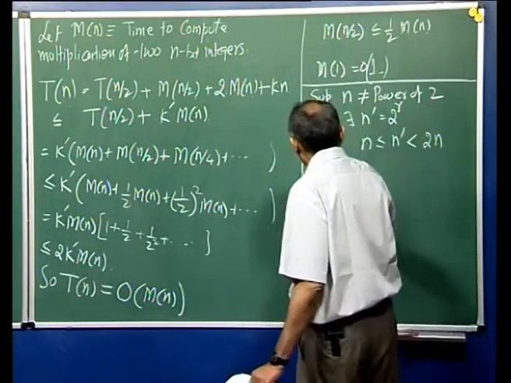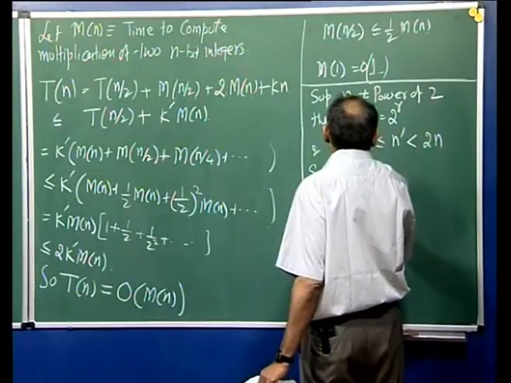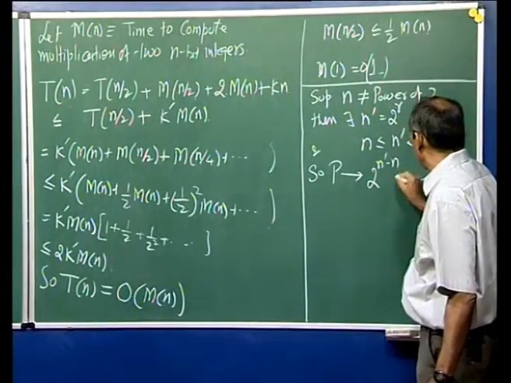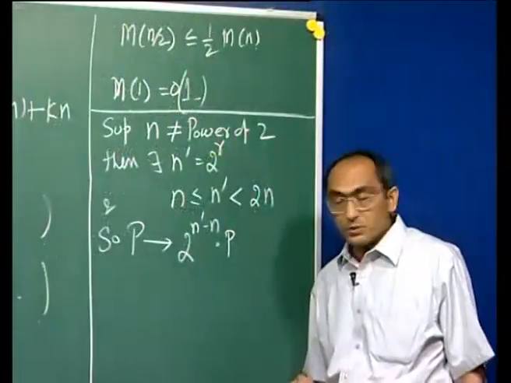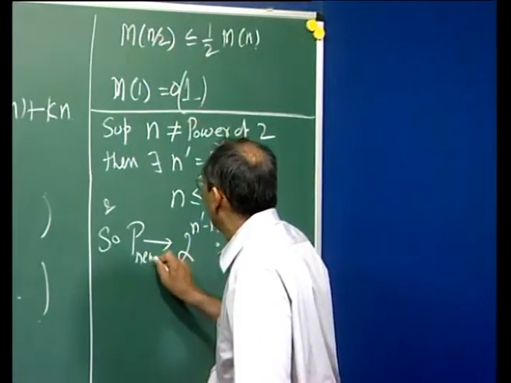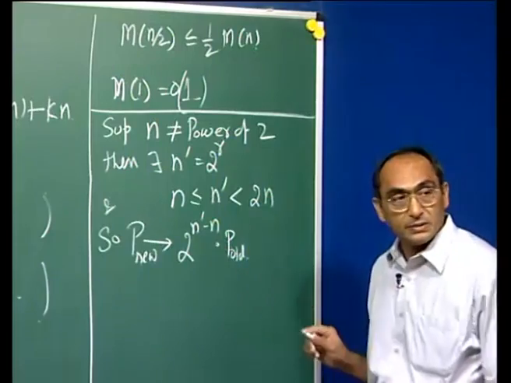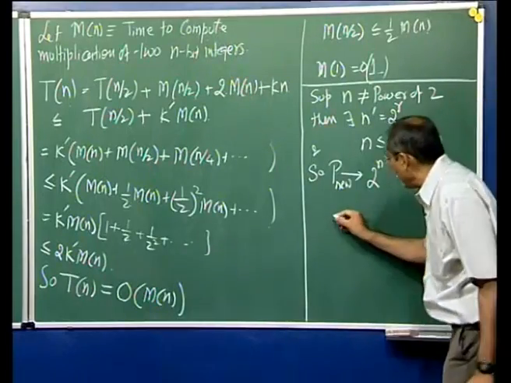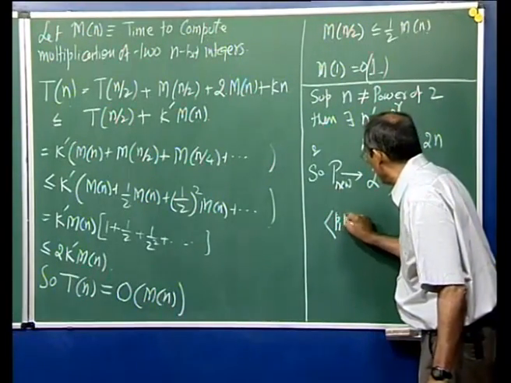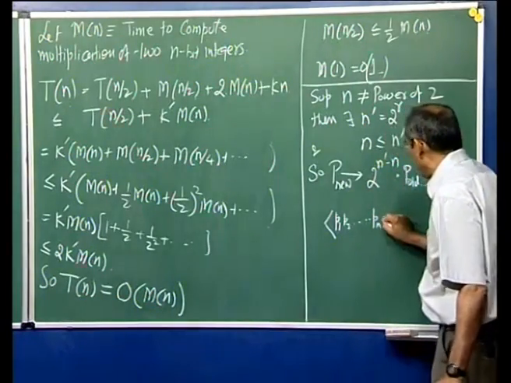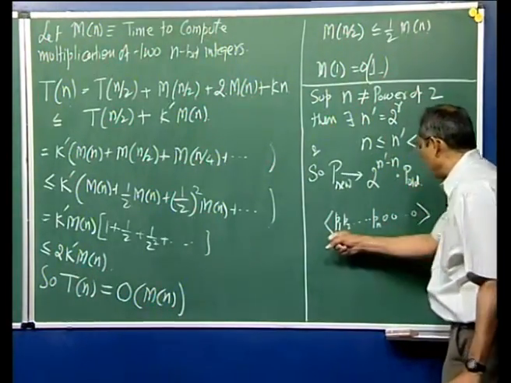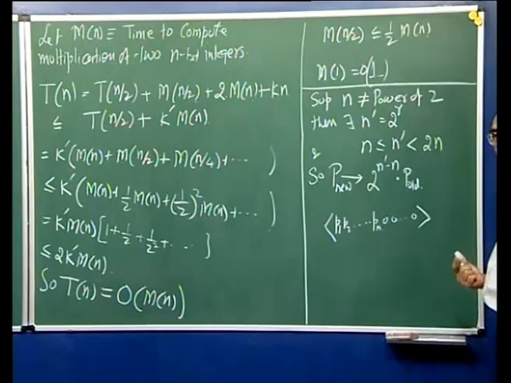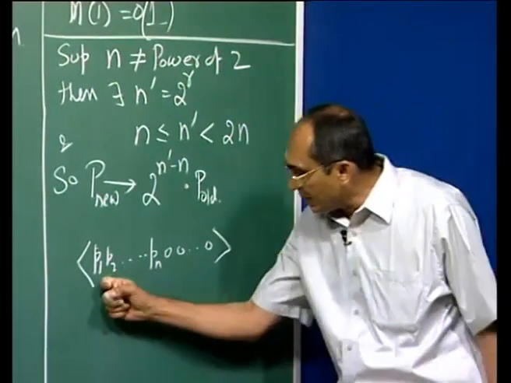So we can replace p by 2 power n prime minus n times old p. So p new is p old times this. We have effectively taken our p1, p2, up to pn and put zeros here, so that the number of bits here is a power of 2. This is still 1.